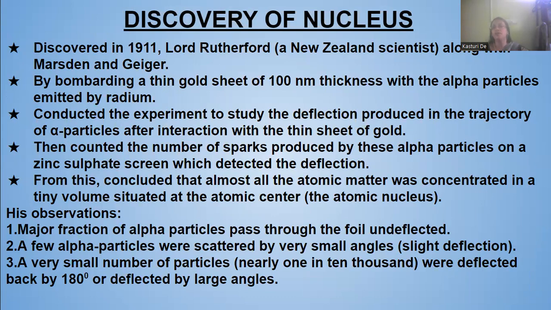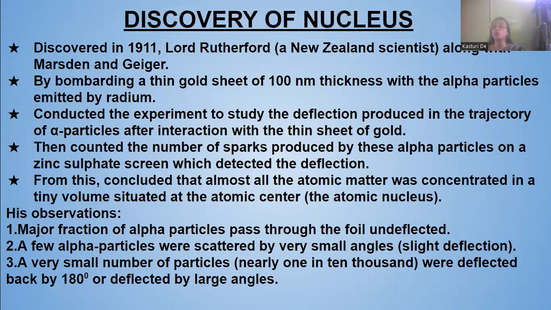He saw that the alpha particles, after interaction with the thin sheet of gold, were deflected. Then the alpha particles were allowed to fall on a zinc sulfide screen, which produced fluorescence. The deflection was detected by counting how many sparks were produced by the alpha particles on the screen.